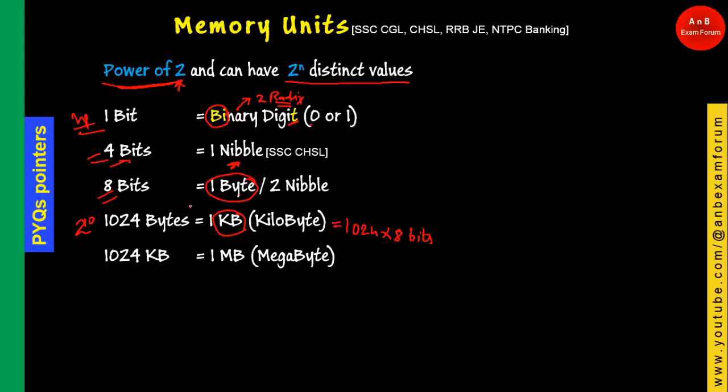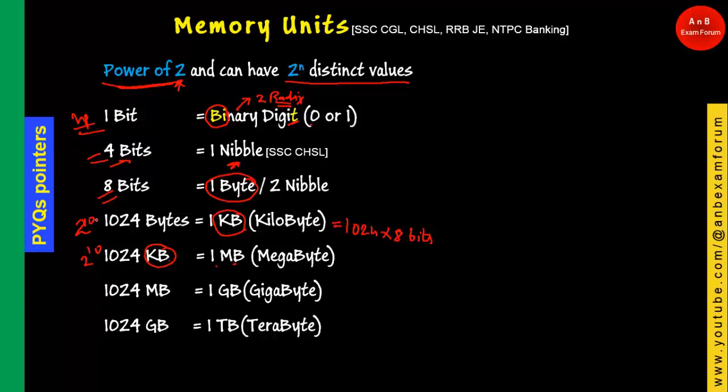1024 KB. So again, if you have 2 power 10 KB, it will become 1 MB, 1 megabyte. So 1 megabyte equal to 1024 KB. Similarly 1 GB is equal to 1024 MB, and 1 TB is equal to 1024 GB.